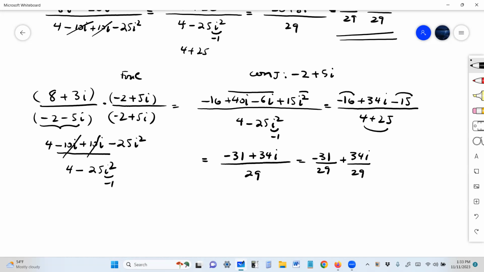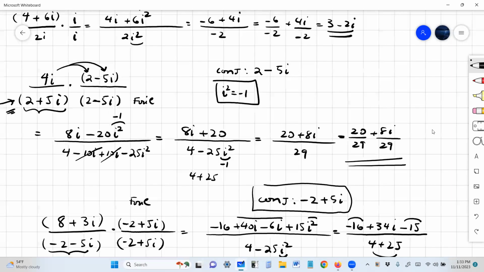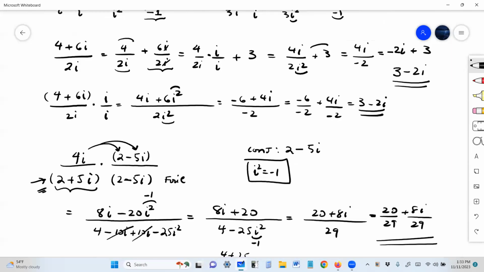Okay. So if you have two terms as your denominator, you're going to employ the technique of the conjugate. If you do not, and you have a single term, as you do over here, you're just going to multiply by i over i.